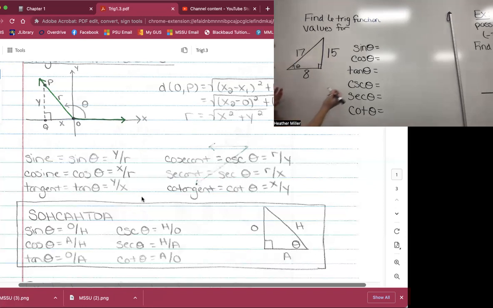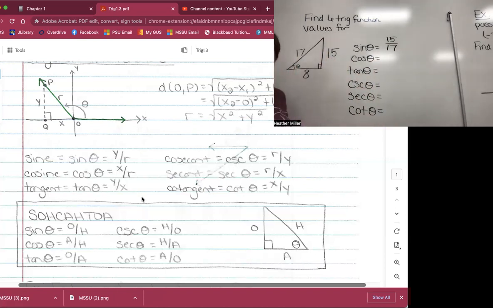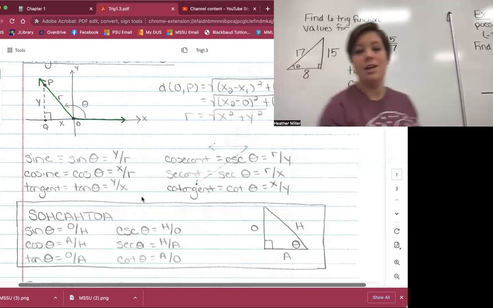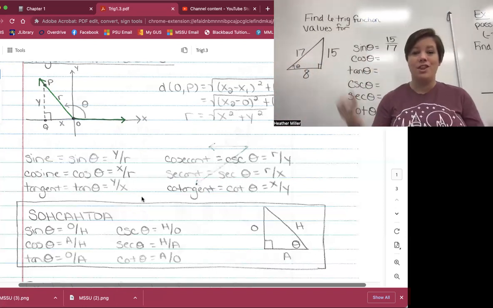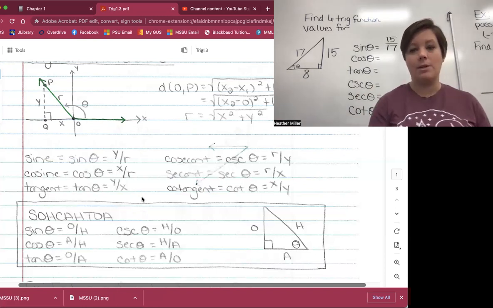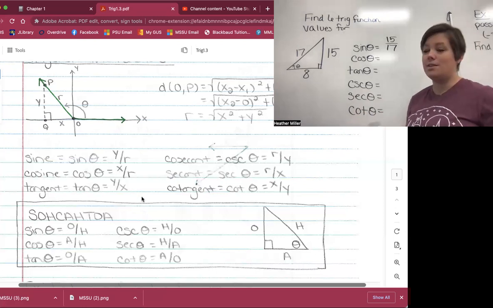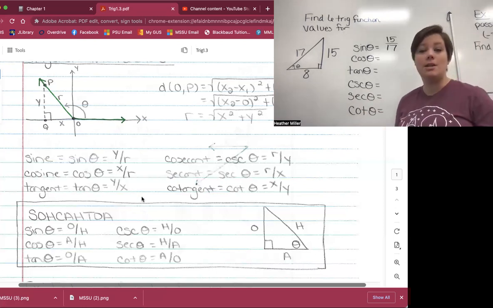So sine in this case is 15 over 17. That's all you're doing. Don't make it harder than it actually is. You do always want to make sure that your fractions are simplified, but 15 and 17 don't have anything in common. We are just identifying what this value is, and most of the time it is a fraction.